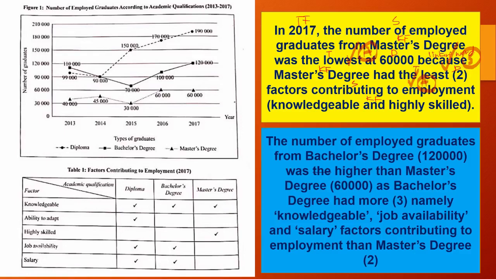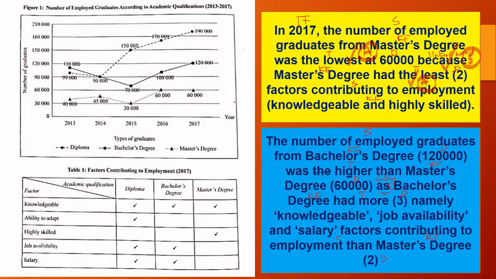Okay, and then the next example, the number of employed graduates from bachelor's degree, 120,000, was higher than, there's a comparison trend word here, master degree, 60,000, as, okay, there's a linking word, bachelor's degree had more, namely knowledgeable, job ability, and salary factors contributing to the employment than master degree.